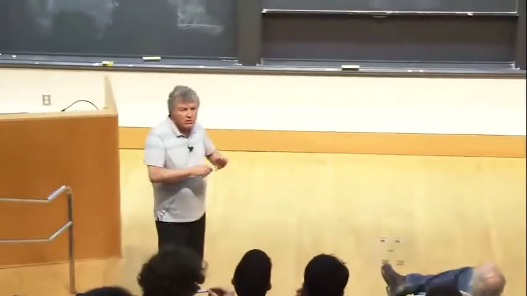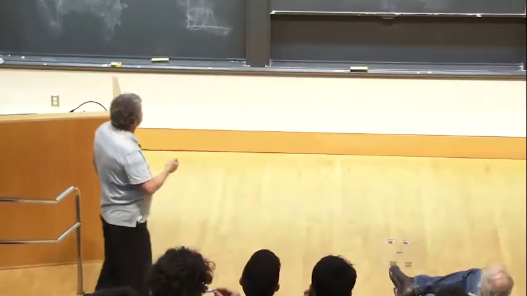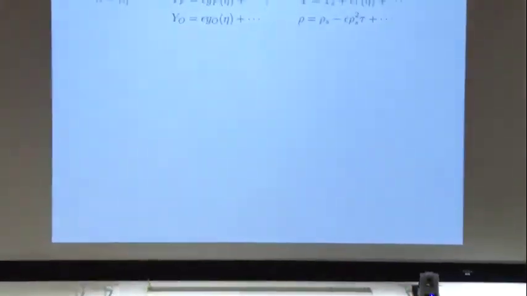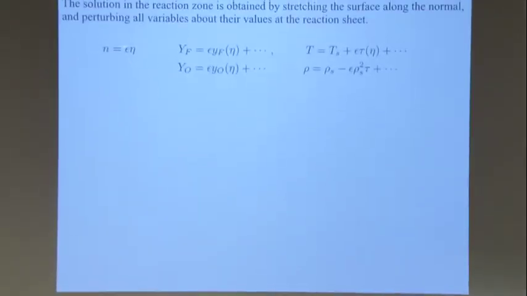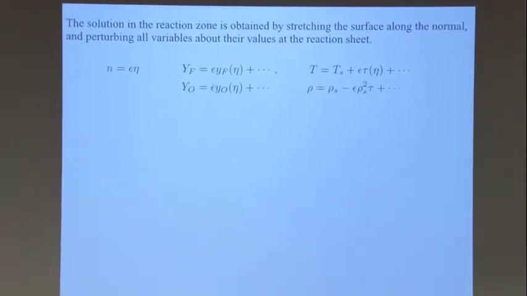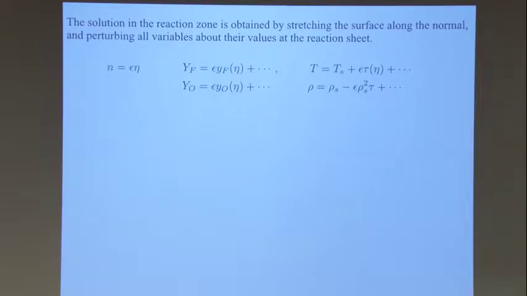In other words, no assumption on activation energy, just that the Damköhler number is large. So what you do, you stretch or you zoom on the coordinate system normal to the flame at the reaction sheet. So this is the stretching transformation. n is epsilon eta.